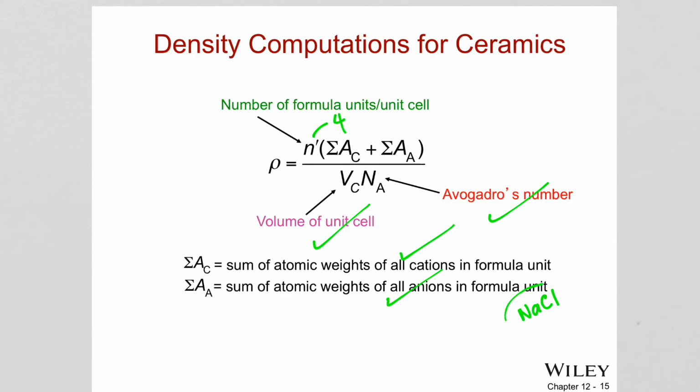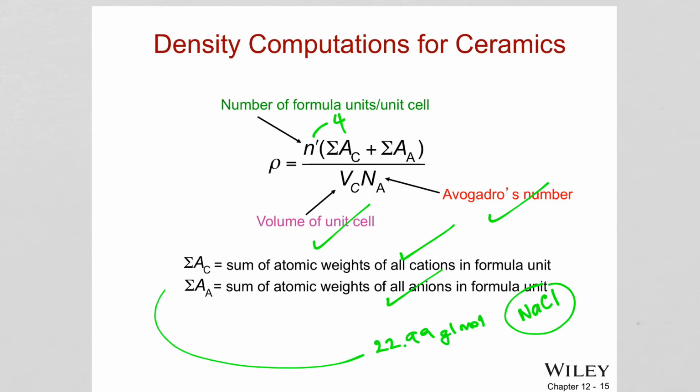So we are calculating for sodium chloride. And now the sum of atomic weights of all cations in the formula. In the formula there is sodium, which is 22.99 grams per mole.